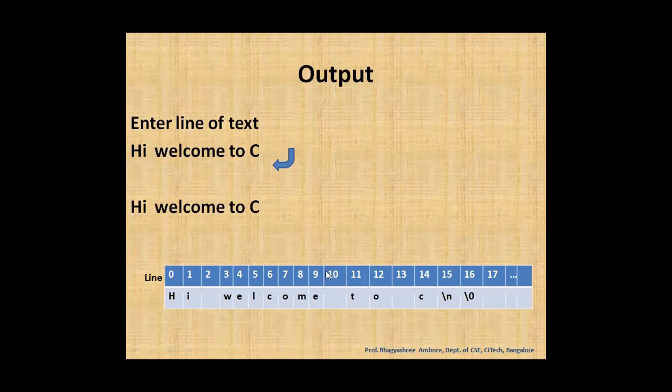Like this it goes on taking the values. When it finds this new line, that is the enter key, it reads that also, assigns it to line of i, and then checks the condition. The condition fails, it comes out and marks the end of the string, and it prints "Hi, welcome to C." You just trace this once, definitely you'll understand.